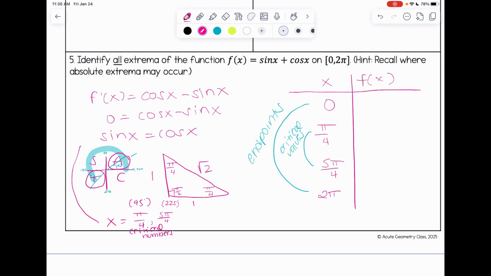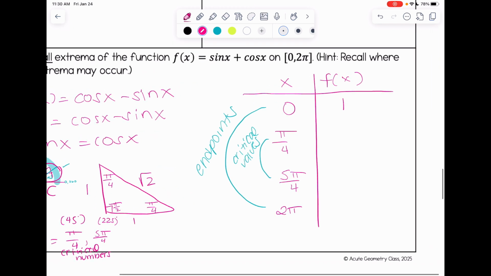So to find the y values, I'm going to plug 0 into the original function. So I would be doing sine of 0 plus cosine of 0. That would give me 1. When I'm finding sine pi over 4 and cosine pi over 4, remember how the sine was 1 over radical 2? Cosine was 1 over radical 2.